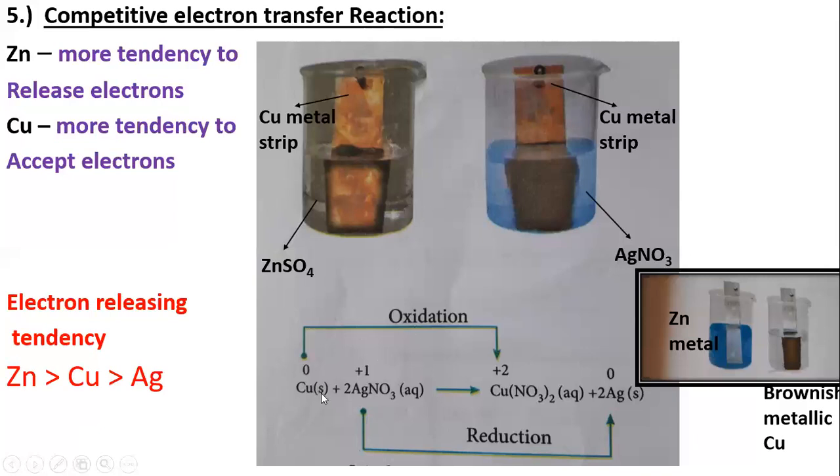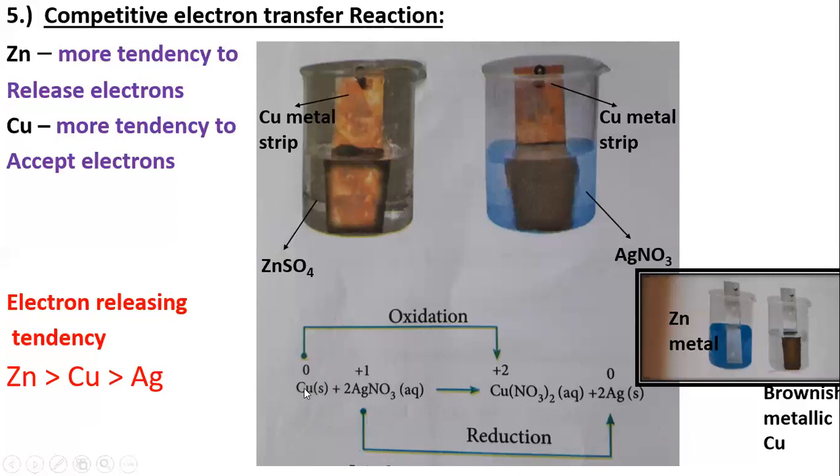Here in this reaction, copper metal is immersed in AgNO3, that is silver nitrate solution. Here what happened? We get Cu(NO3)2 again with silver, Ag. Just check with the oxidation state.